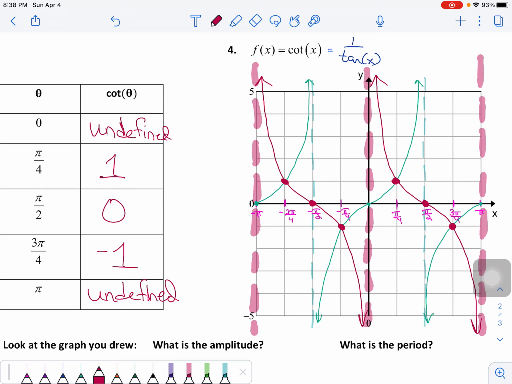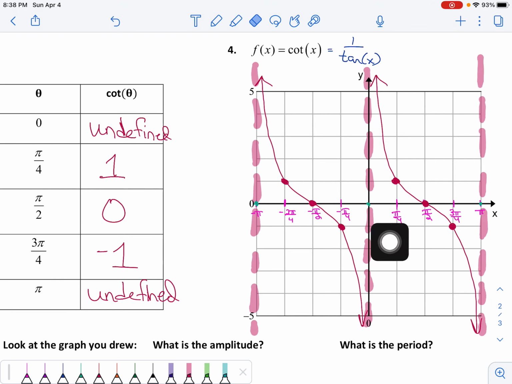Now I'm going to go ahead and take out the curves for tangent and remove those vertical asymptotes so that all you're seeing here is the actual cotangent. There you go. So these are two cycles, two periods of the cotangent function. So you'll notice they're a little bit different than tangent.